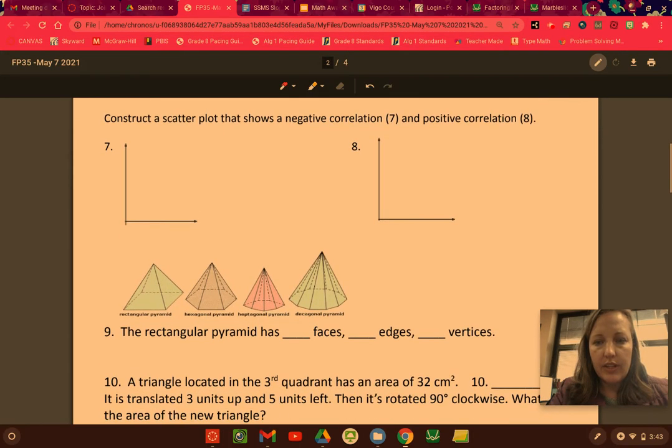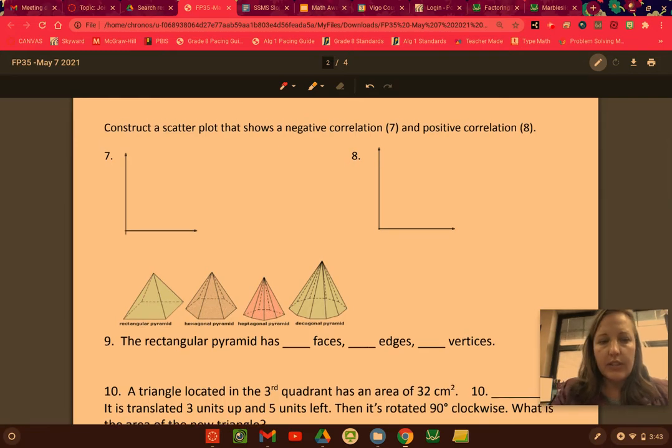Okay, so for this one, I think you guys can get this one. Construct a scatter plot that shows a negative correlation for number 7 and then a positive. Well, a negative correlation is going to be not an exact line, but the data is kind of in a negative direction, and they're somewhat close together.